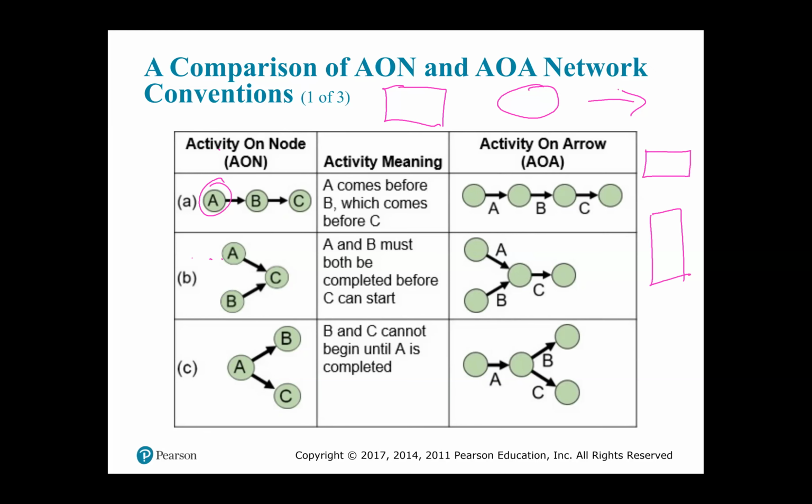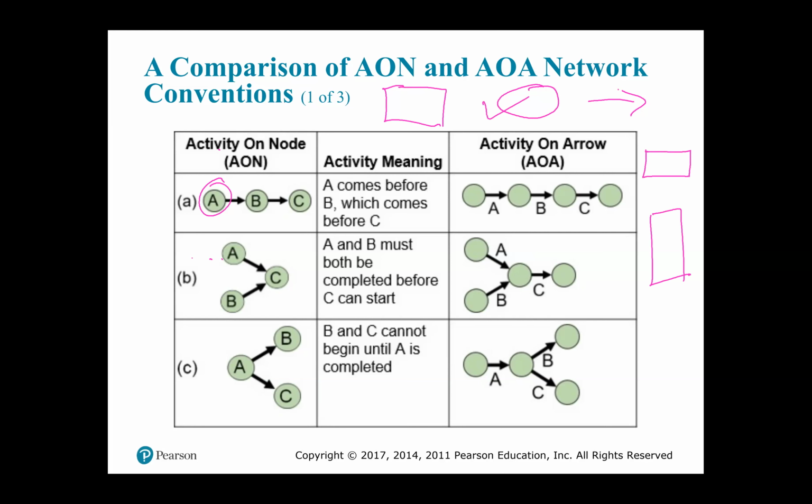But I tend to use the node that is circular. I find that it is easier for me to draw. But you may see the nodes being drawn as squares or rectangles in other places. So the network therefore consists of a series of nodes and arrows.